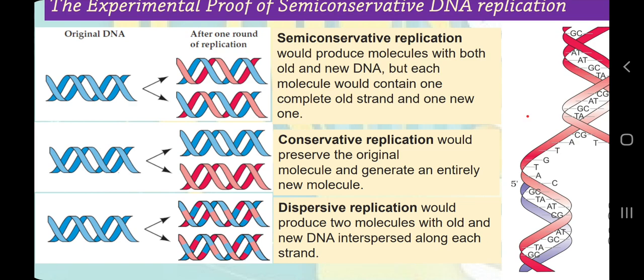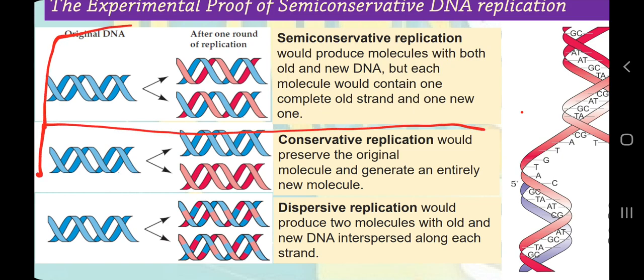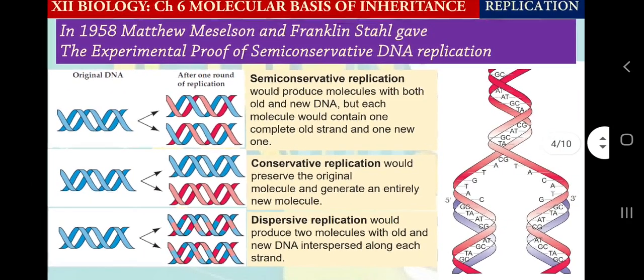And out of these three, Meselson and Stahl proved that the semi-conservative mode of DNA replication is the mode which actually happens within the cells. For learning more about those experiments, you can watch my previous video on the same topic.